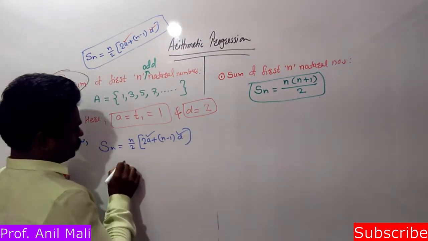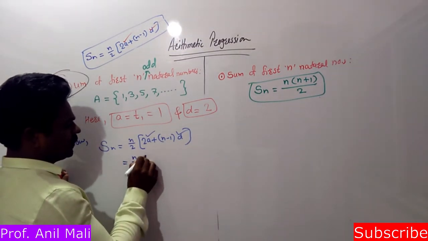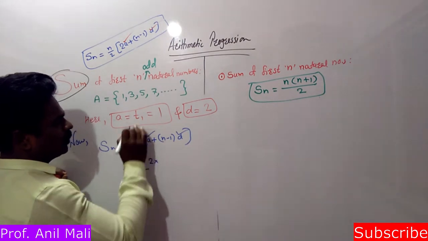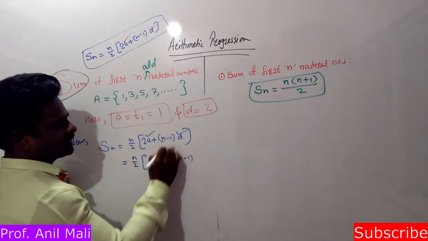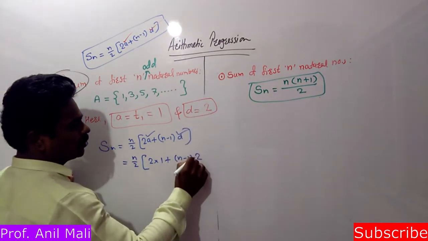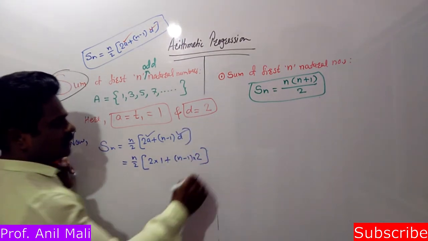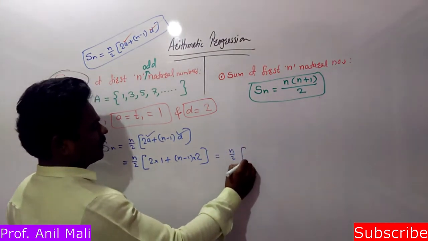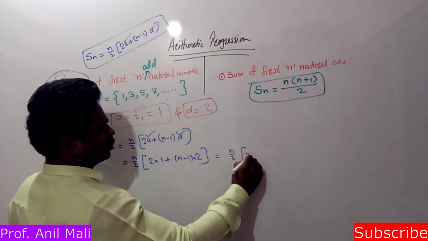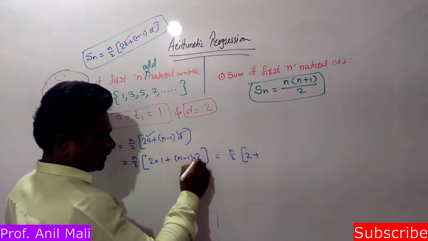It is equal to n by 2 into the bracket 2 into a, which is 1, plus n minus 1 as it is, into d, which is 2. Okay, fine, no problem. So the same we can write as n by 2 into the bracket 2 ones are 2 plus n minus 1 into 2.